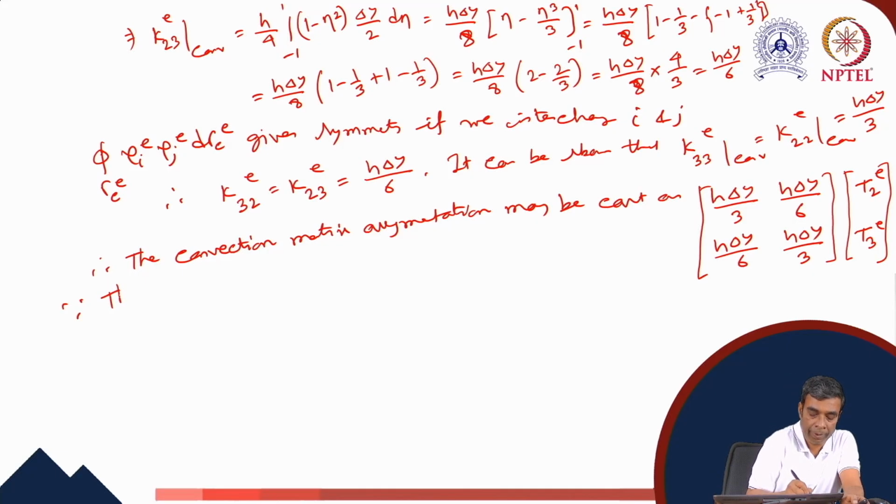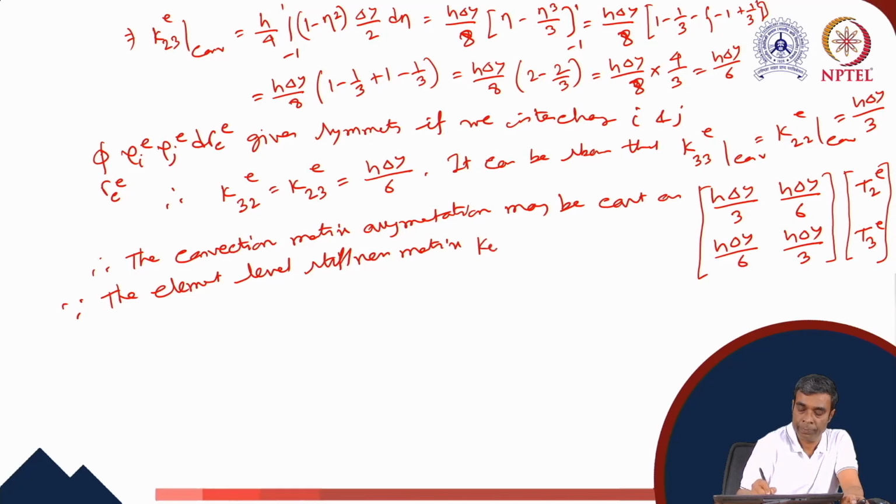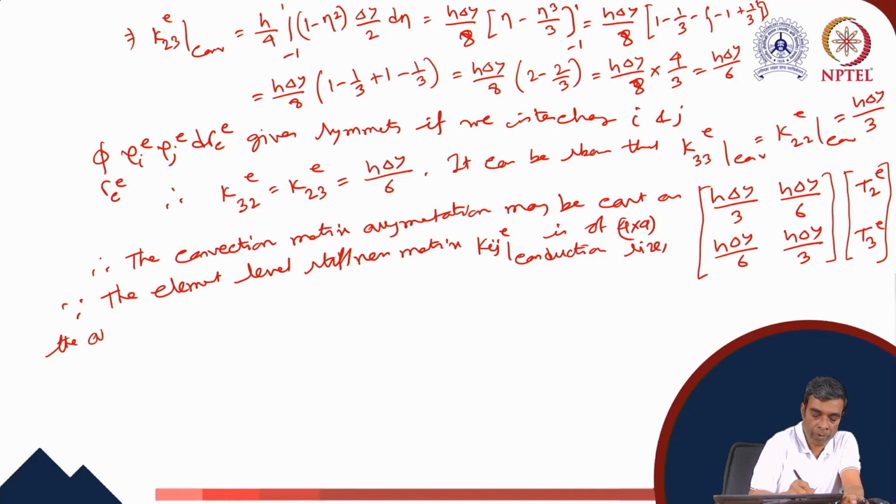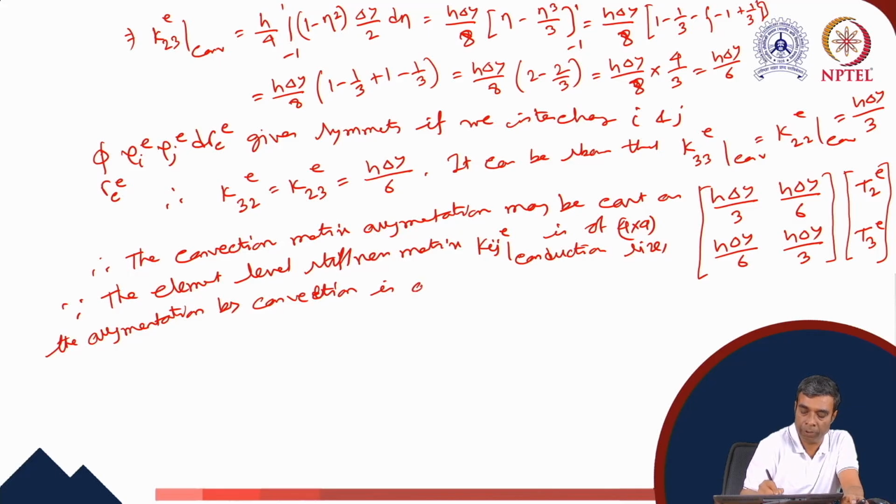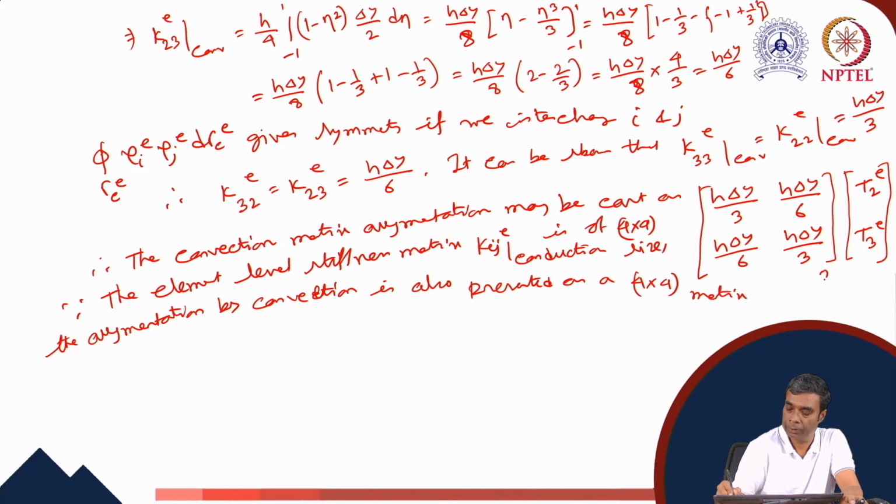Since the element level stiffness matrix Kije conduction is of 4 by 4 size, the augmentation by convection is also presented as a 4 by 4 matrix. So here it is 2 by 2, 2 by 1.